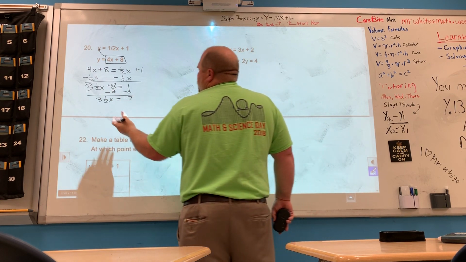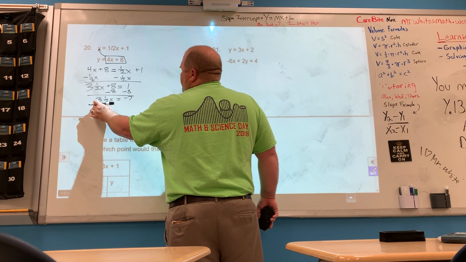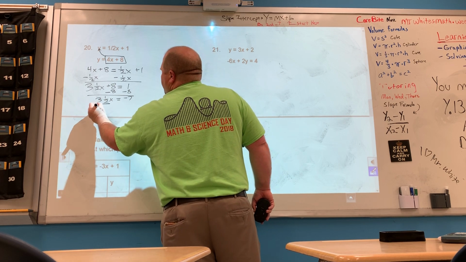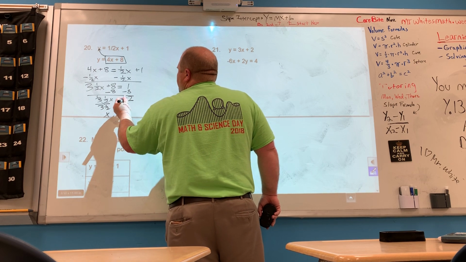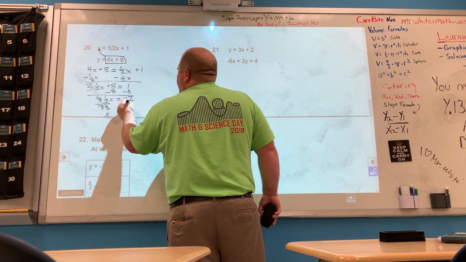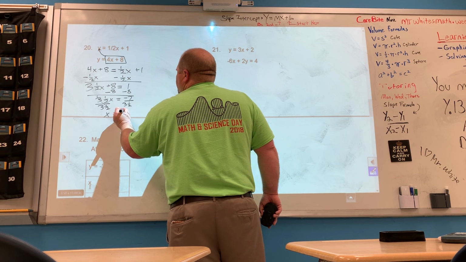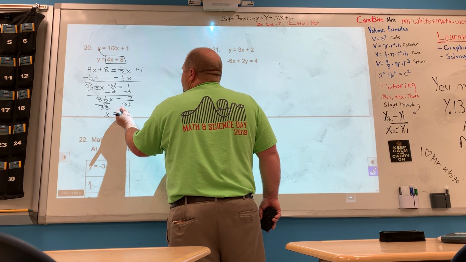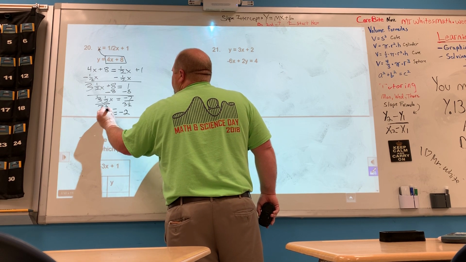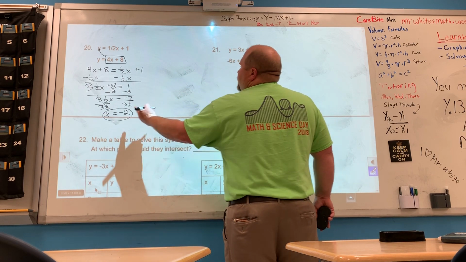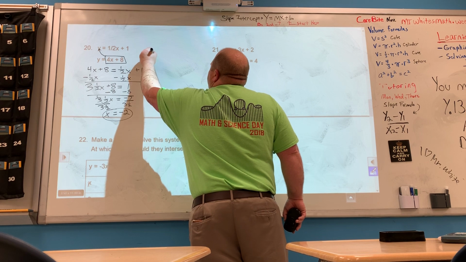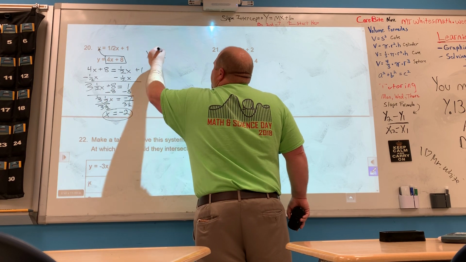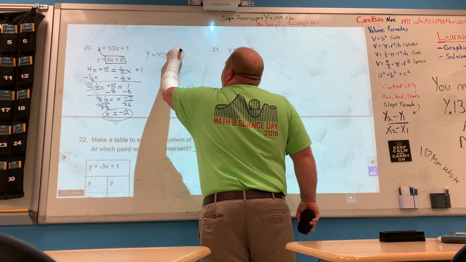So at this point, I would want to divide both sides by 3.5. These cancel out, leaving behind x. Negative 7 divided by 3.5 equals negative 2, because 3.5 will go into negative 7 twice. Once we have the negative 2, we substitute that back in. So y equals 4 times negative 2 plus 8.